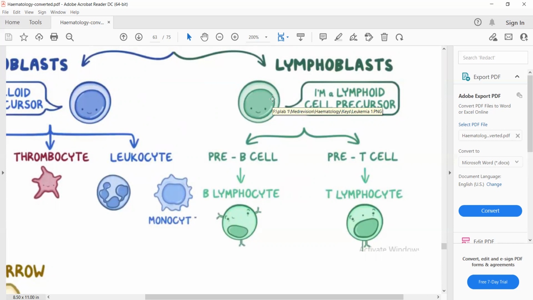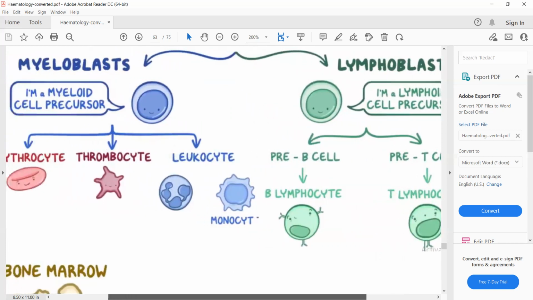When these lymphoblasts excessively proliferate, what will happen in the bone marrow? It will compress the other cell lines, because if they excessively grow, they will utilize or consume all the nutrition. So these myeloblast cells will stop growing, or they will be suppressed.